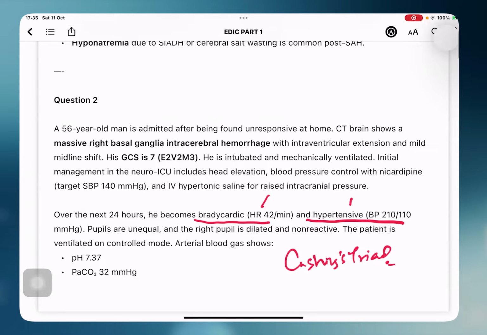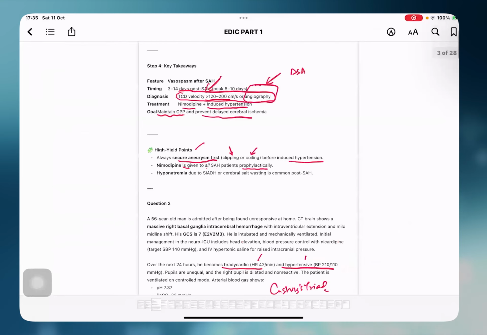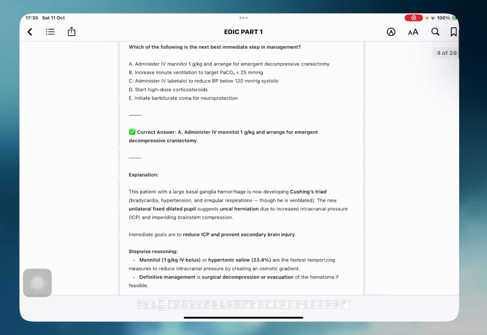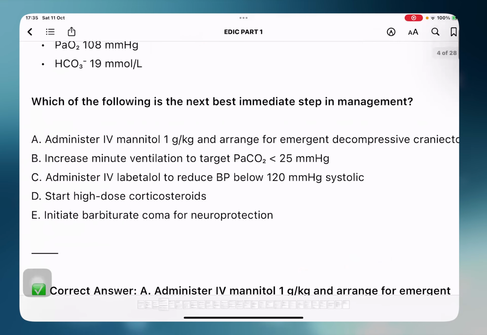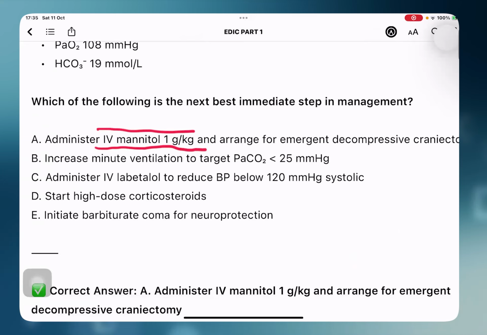So this patient is going to cone very fast because there is intracranial hypertension and there is going to be brainstem compression and herniation if we do not intervene fast enough. So we would like to decompress the patient immediately. Number one, by hypertonic methods, and then going for an emergency decompressive craniectomy.